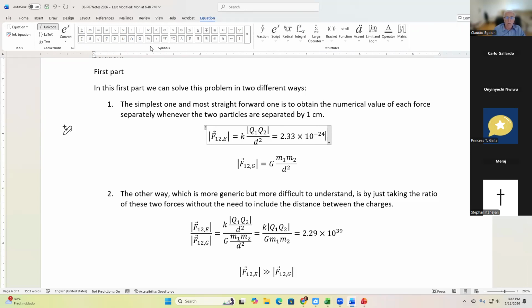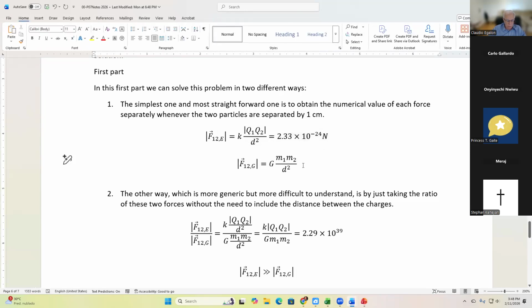Here you go. Minus 24 newtons. Don't forget we have a newton here. I'm just gonna copy here and paste here. But it's not the same value, right? It's gonna be a different value: 1.02 times 10 to minus 63 newtons.